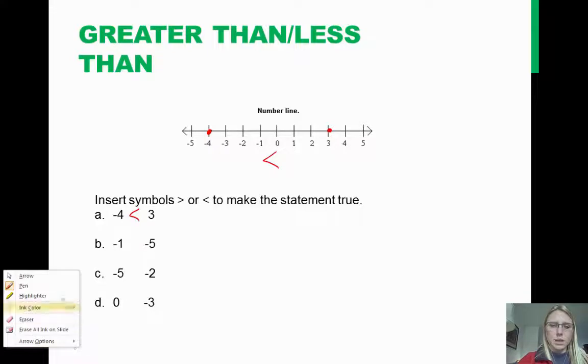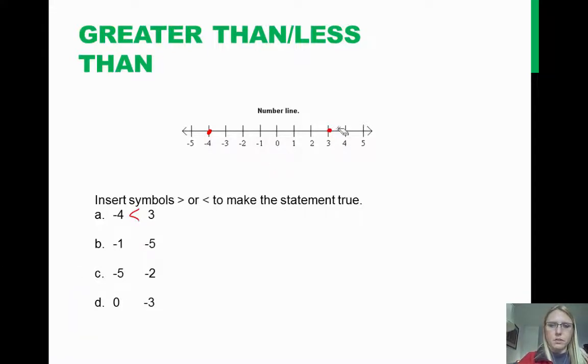Let's do the same thing with the other ones now. -1 and -5. I have -1 here and -5. I'm always going to point to the smaller number. So in this case, notice that -5 is on the left side of -1, so I'm going to point towards the -5.